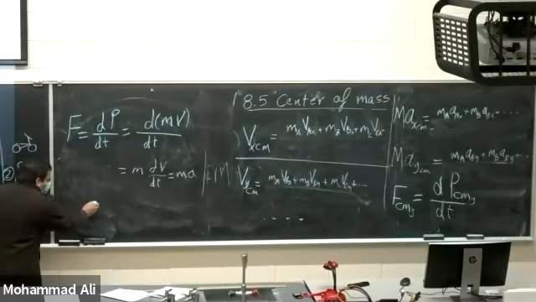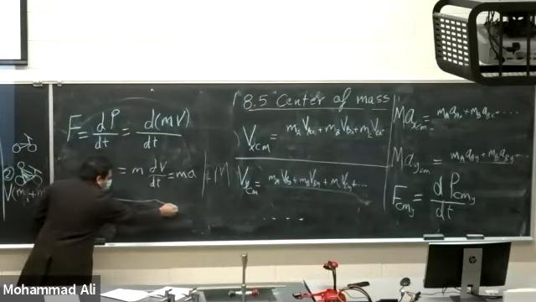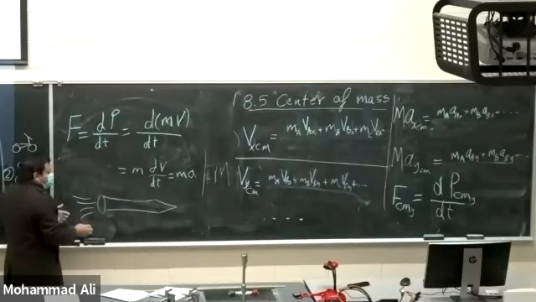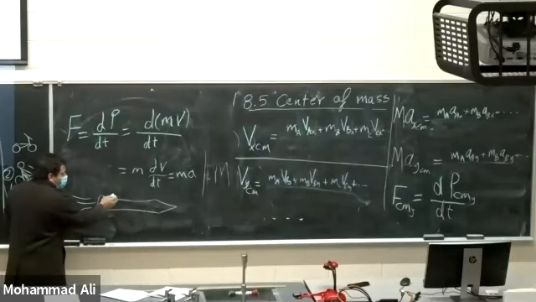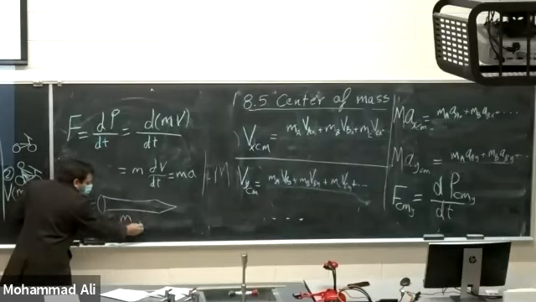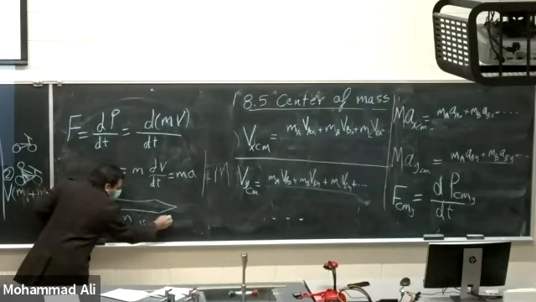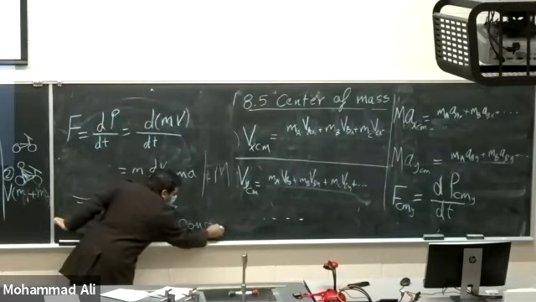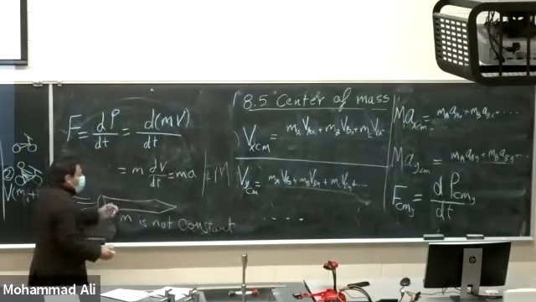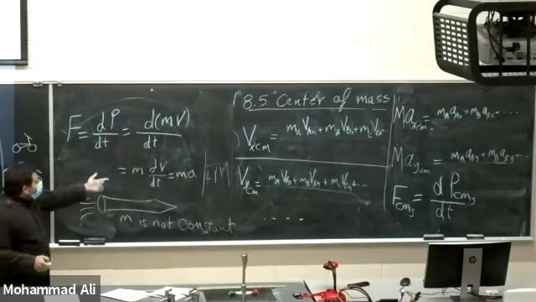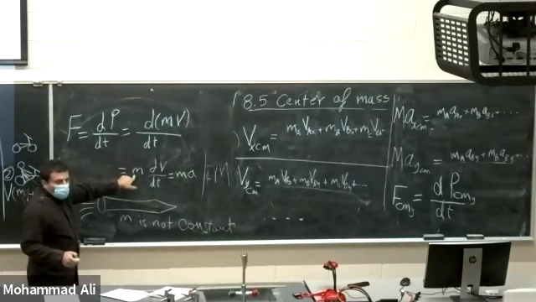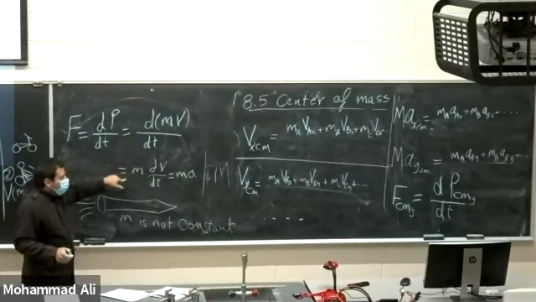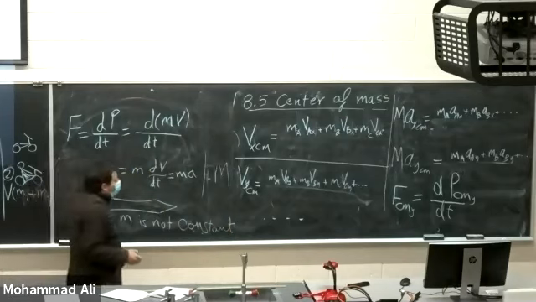So the outgoing mass is changing, and the rocket is changing its mass. So the mass is not constant in the rocket system, and we cannot put the mass outside the time derivative.